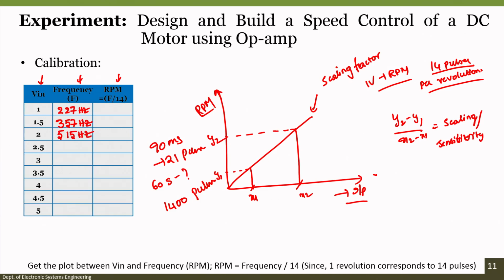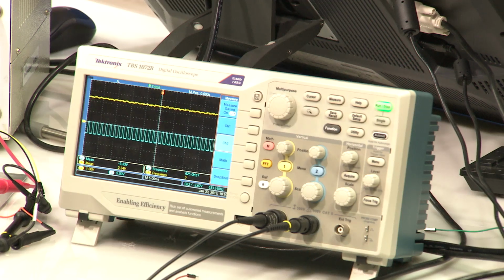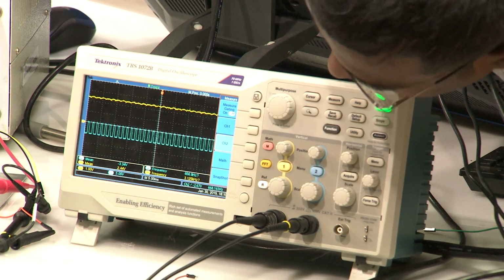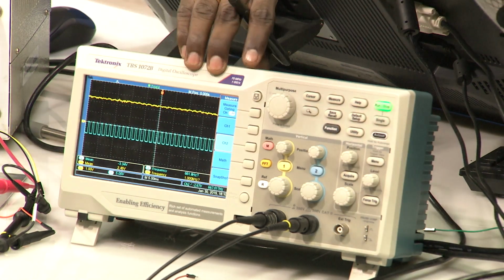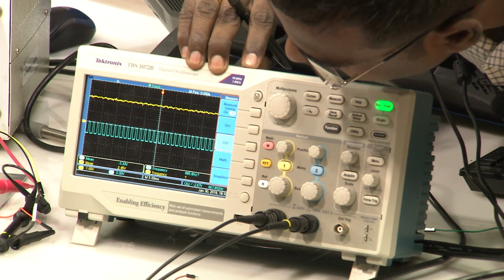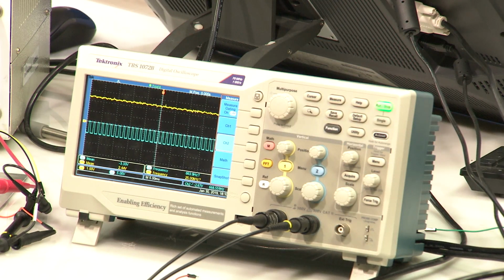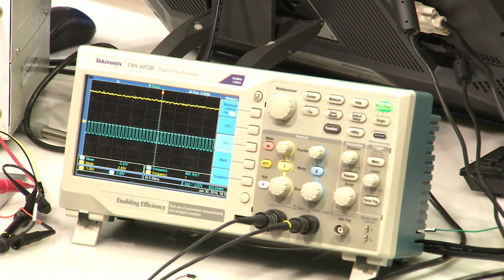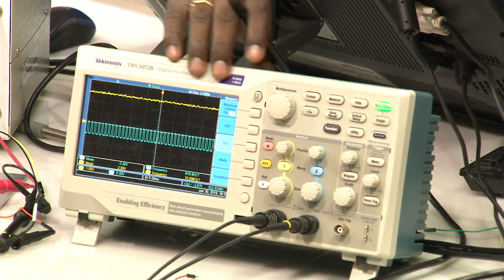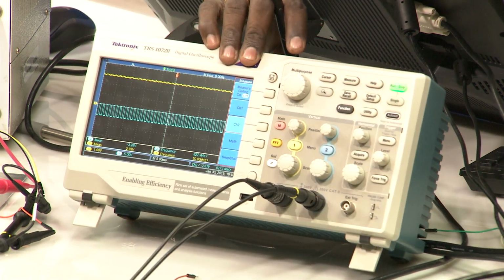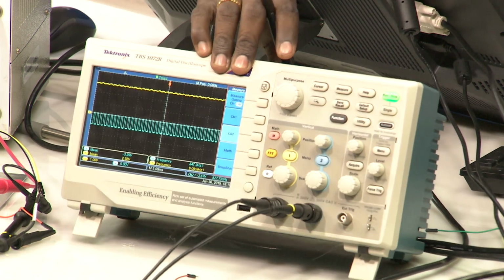So slowly I am increasing for every value. So 2.5, 668, then 3, 827.